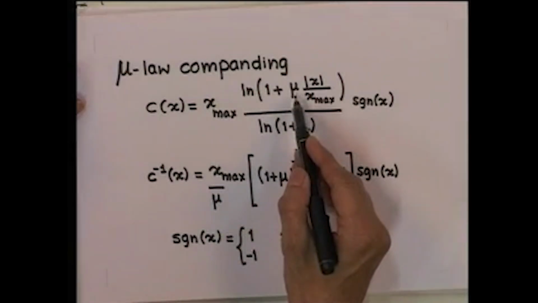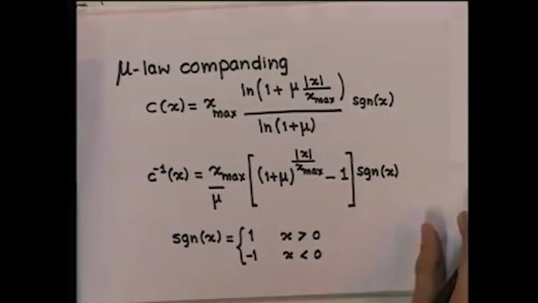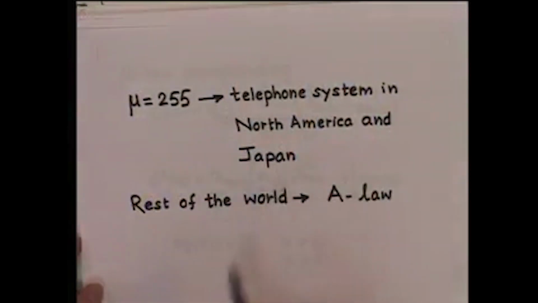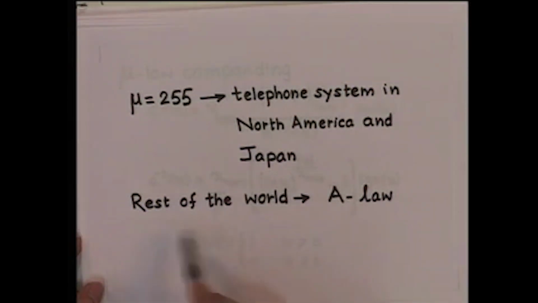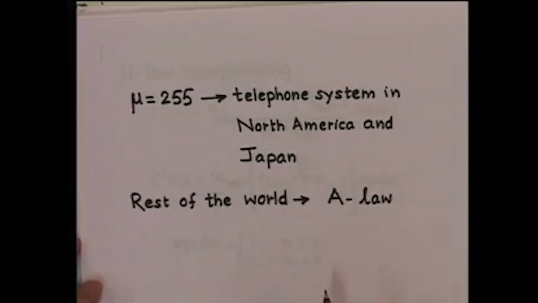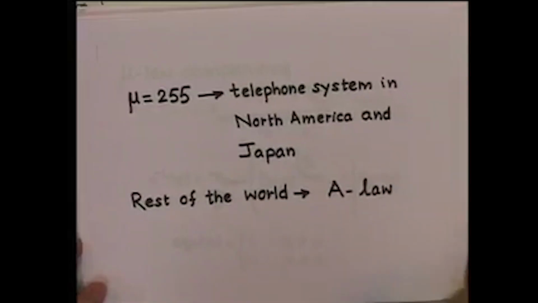Mu equal to 255 is the value which is used in telephone systems in North America and Japan, whereas the rest of the world uses A law characteristic for companding, and that is given as follows.